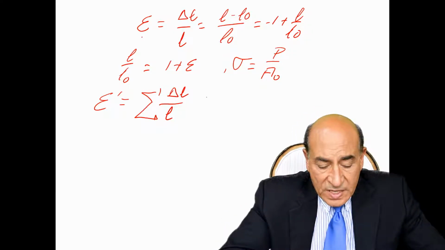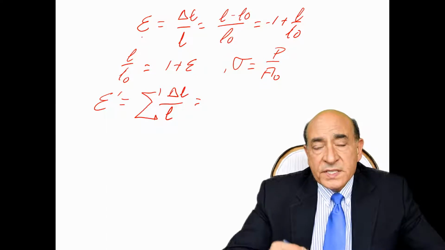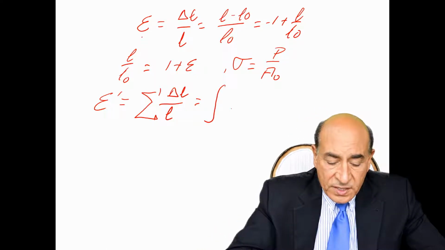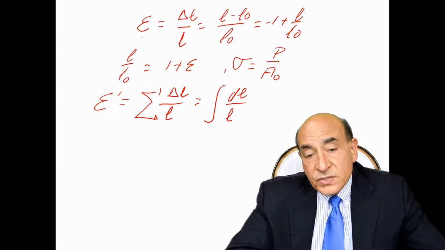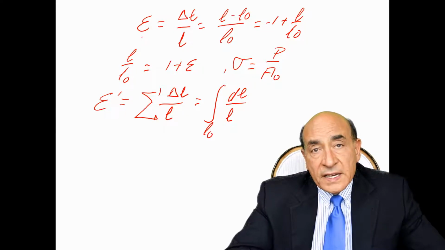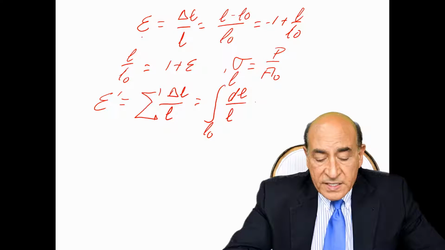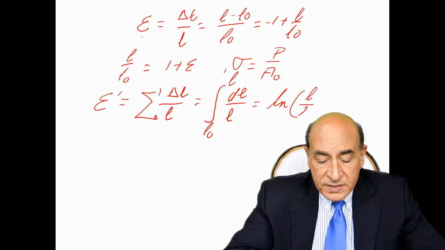Because this process is continuous, instead of a summation I'm going to write it as an integral of dL over L, from the original length of the material to the final length L, and that gives me the natural log of L divided by L0.